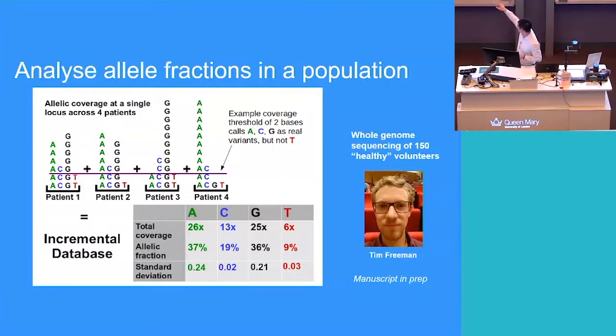Obviously, there are cases of sequencing errors, like the case of T, where you'll always get a low allele fraction that falls below a certain threshold. It will have a low standard deviation, but that's usually sequencing error. So we're actually looking at called variants that are still at a low allele frequency, but consistently across patients.